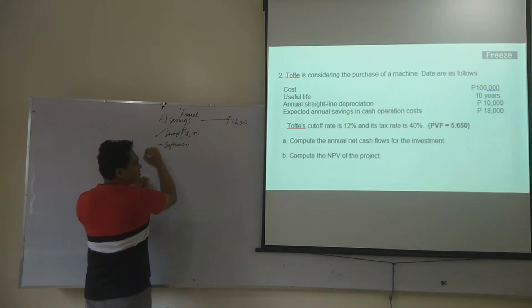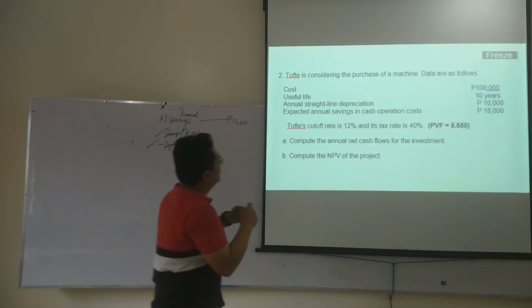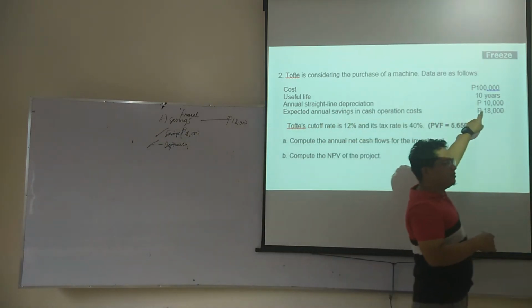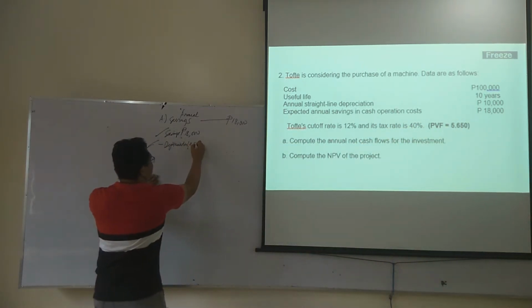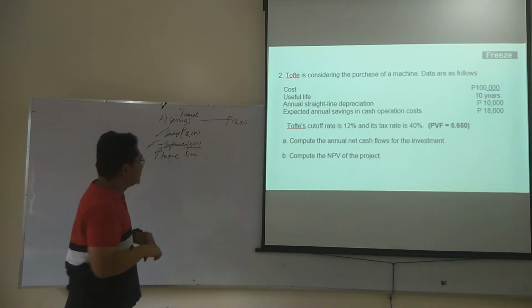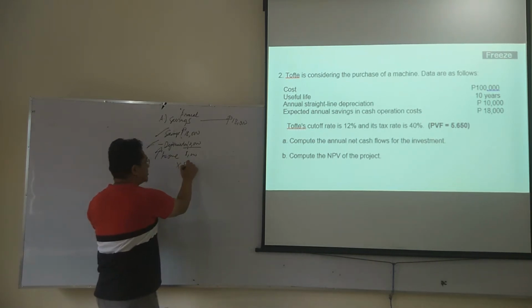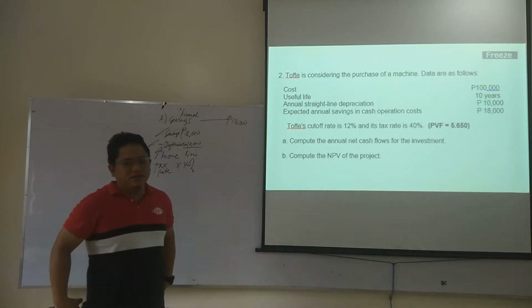Of course, you have your increasing income, but also your expense, depreciation, which is annual straight line depreciation of 10,000. So your net increase in income is 8,000 times our tax rate of 40%.